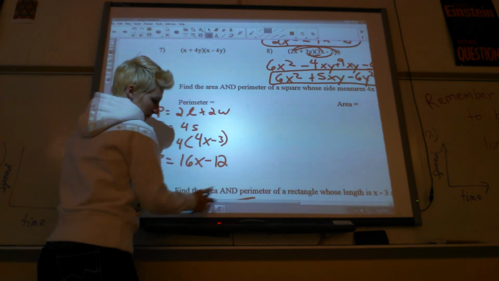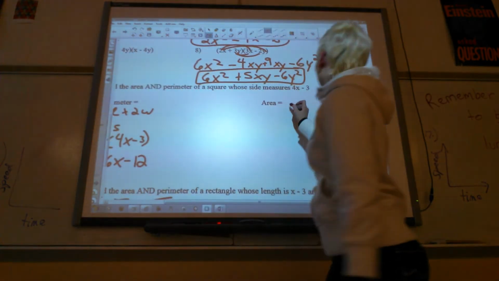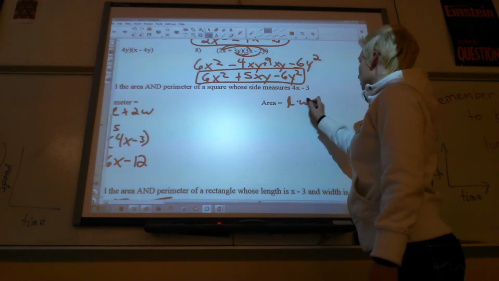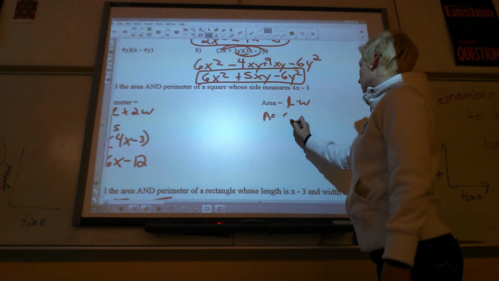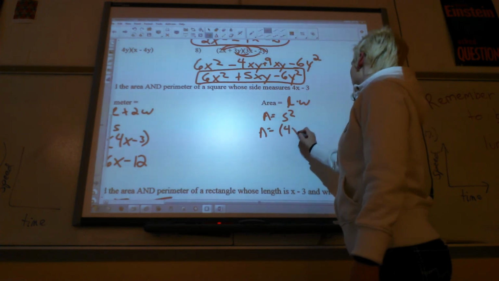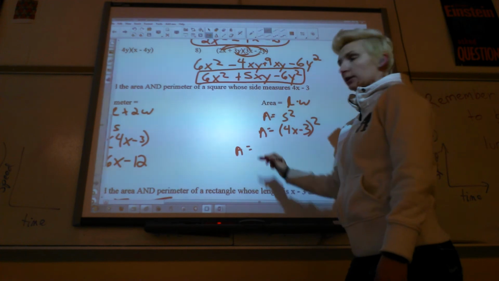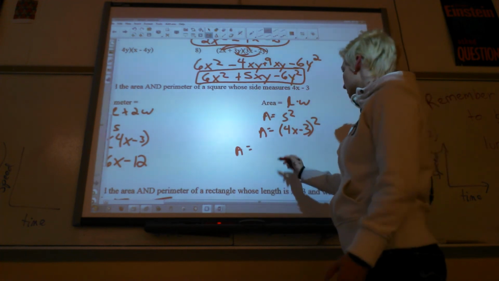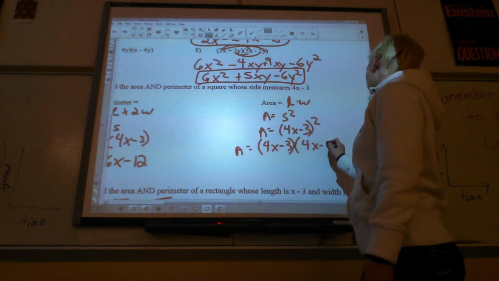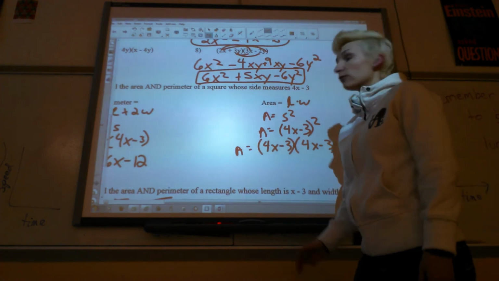Area, come on, there we go. Area for a square, you could either say length times width, or since the sides are the same, you could say side squared. So that's 4x minus 3 squared. Well, what does it mean to square something? It means to multiply it by itself. So 4x minus 3 times 4x minus 3. And lo and behold, a binomial times a binomial, you should FOIL.